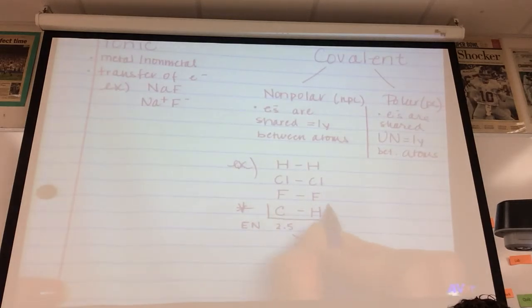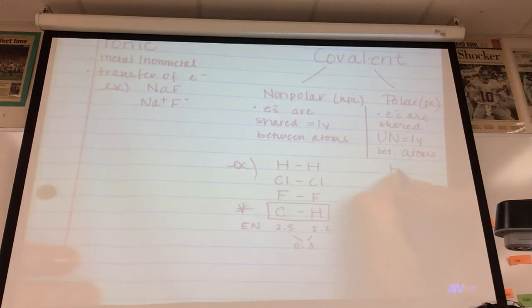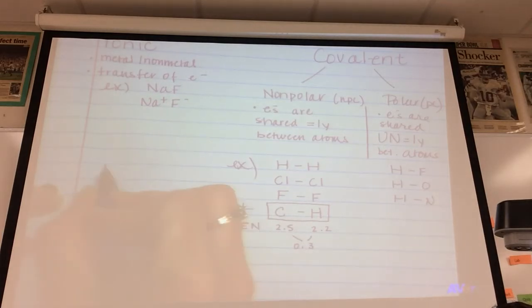C to H as nonpolar covalent will help you greatly. When you have large differences in electronegativity, for example, anything to fluorine, these are polar covalent bonds. And again, they're not going to give you values. It's really important that you know the trend.